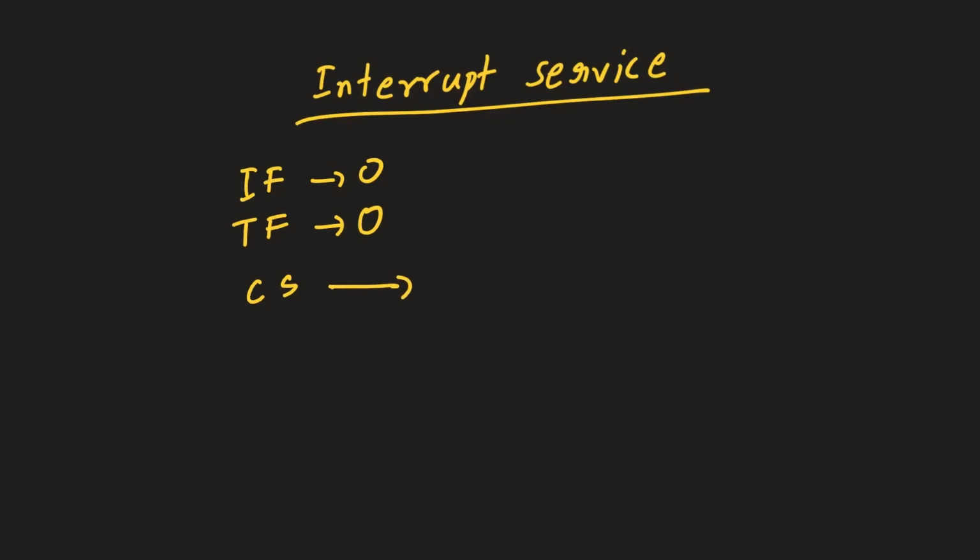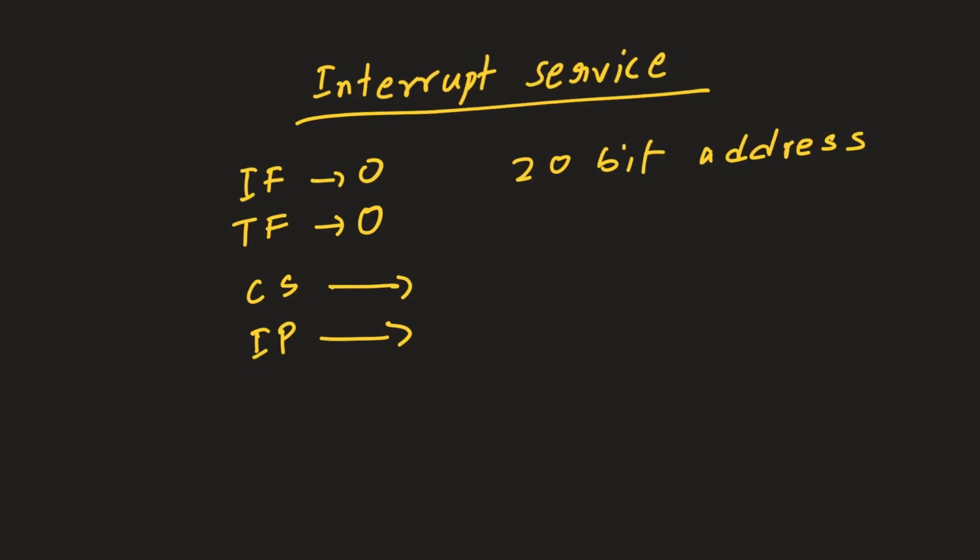Again, the stack pointer is decremented by 2 and the content of the instruction pointer is put into the stack, so that whenever there is a return instruction, it can come back to the original program. The processor then generates a 20-bit address. This 20-bit address is actually the address of the interrupt vector table.